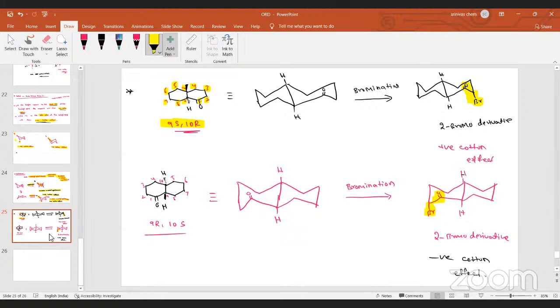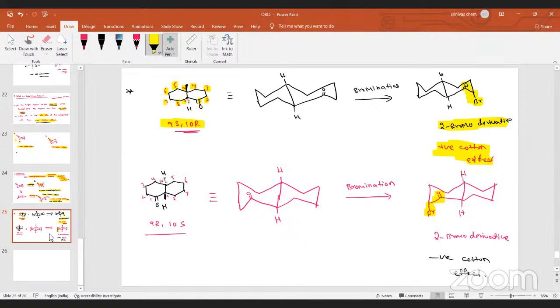The bromine is present at the axial position, the alpha position, and it is on the right side of the carbonyl group. According to the alpha halo axial ketone rule, if the halogen appears to the right side of the carbonyl group, the compound will show a positive Cotton effect. Therefore, it shows a positive Cotton effect.